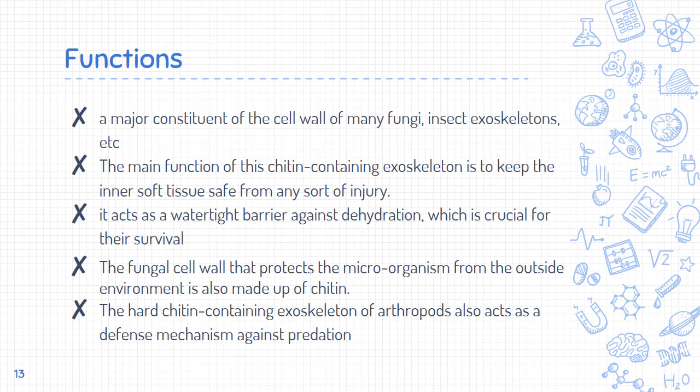In fungi, the cell wall that protects the microorganism from the outside environment is made up of chitin. The hard chitin-containing exoskeleton of arthropods also acts as a defense mechanism against predation. So these are the functions of chitin.